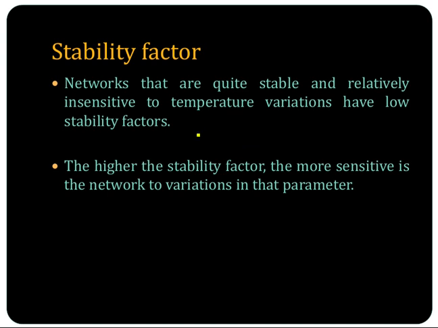So ultimately, if the stability factor is low, it means that the network is quite stable. Why should it be low? The change in the numerator should be very low compared to the change in the denominator, which means the stability factor has to be low to say that a network is stable. The higher the stability factor, the more sensitive the network is to variations in that parameter.